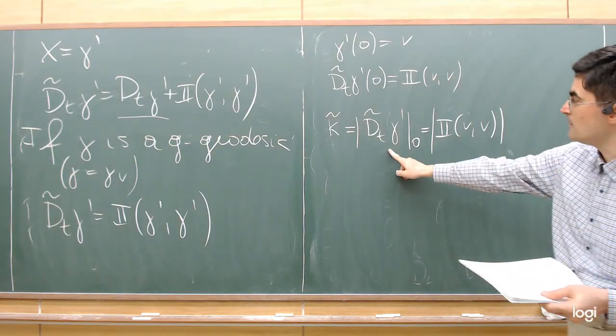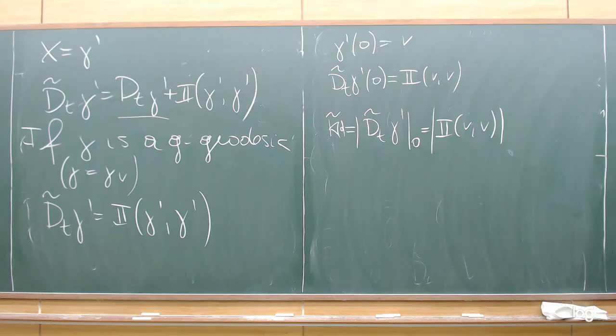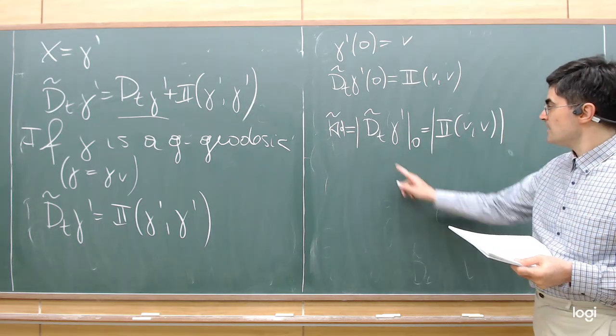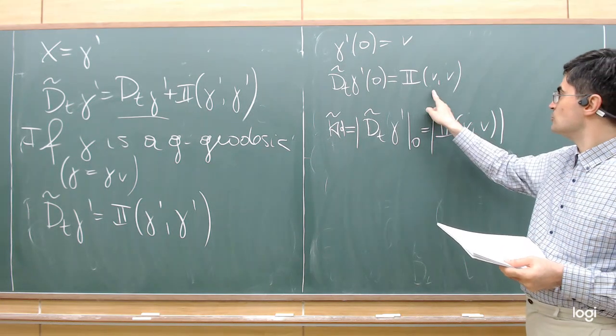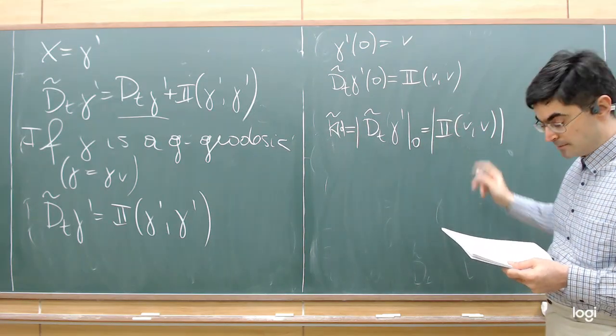So this is the definition. Sorry, I should write 0. And this by this formula is equal to the length of II VV. So this was statement B.